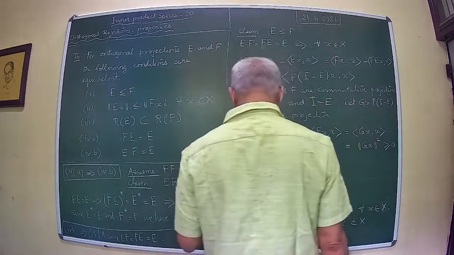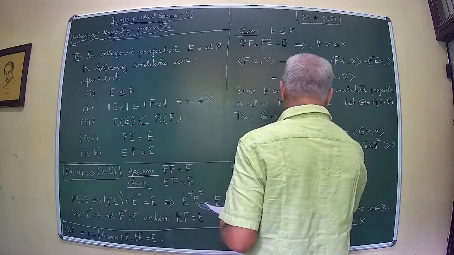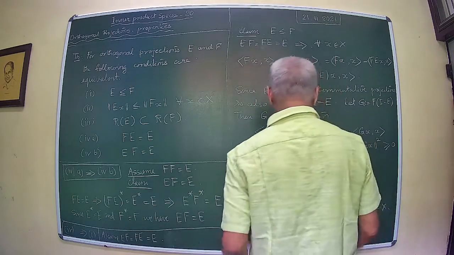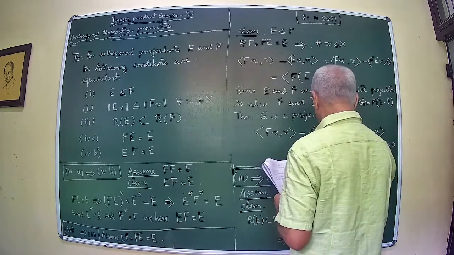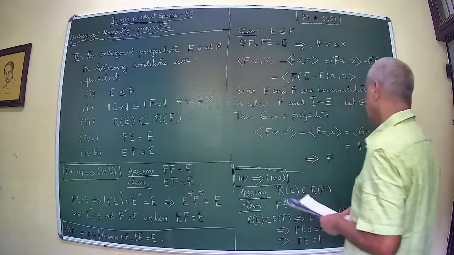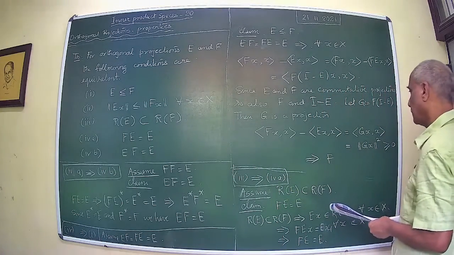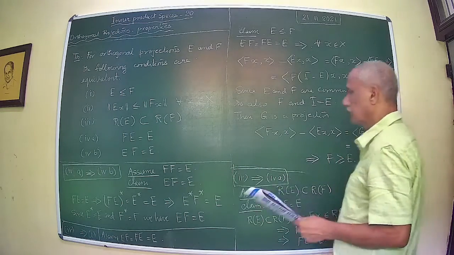Which implies E is less than or equal to F. That completes the proof.